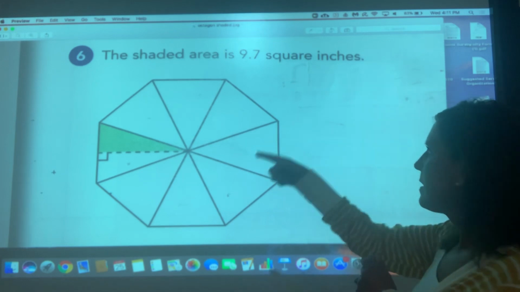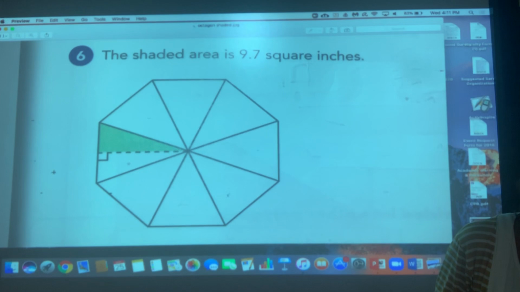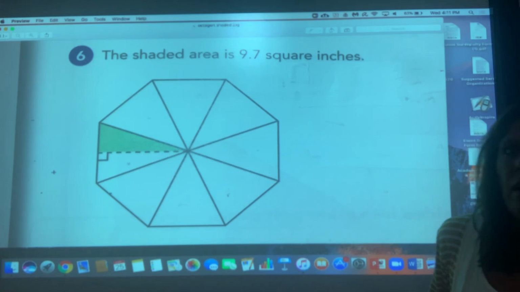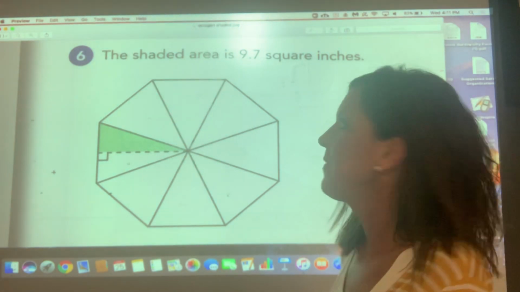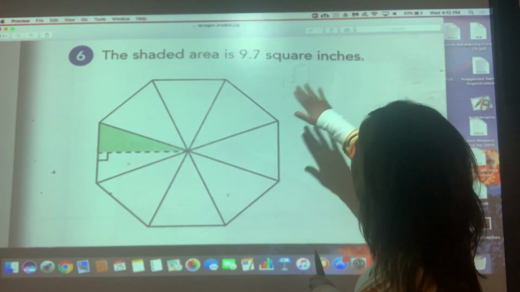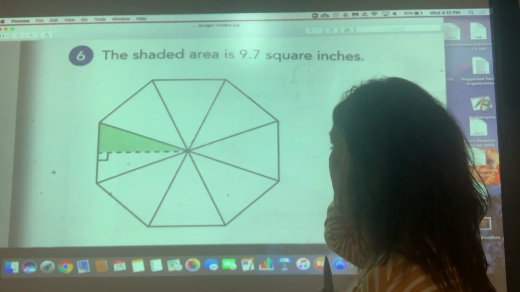So 16 times 9.7. 155.2 hopefully is what you got. 155.2 inches squared. They call it square inches, same thing, for the area of this regular octagon.